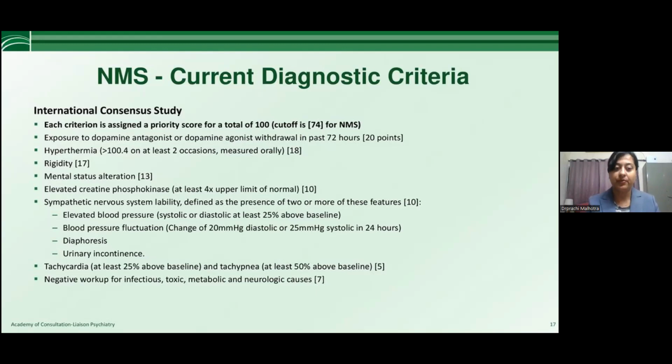And a negative workup for infectious, toxic, metabolic, and neurological causes. Why is a negative workup essential? Because when a patient comes to the emergency department, he will not tell you that he has neuroleptic malignant syndrome. You have to rule out other causes before coming to a diagnosis. So a negative workup is very important to rule out infectious, toxic, metabolic, or neurologic causes of these clinical features.